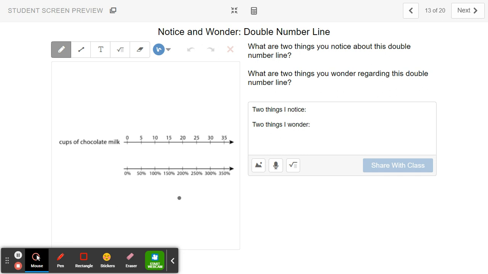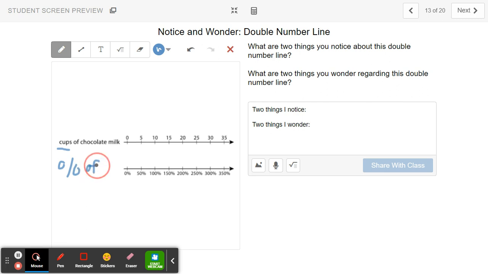And to address that wonder, I noticed that these are all percents and these are just numbers. So when I look at this not having a label, I know that it still is talking about the cups of chocolate milk. Up here, it's cups of chocolate milk, and down here, it's the percent.